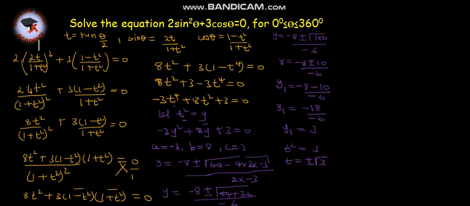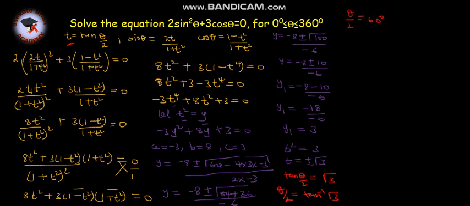Also we said that t is equal to tan of theta over 2. So we shall say tan of theta over 2 is equal to root 3 at first. Then theta over 2 is equal to arctan of root 3. That means that theta over 2 is equal to 60 degrees.